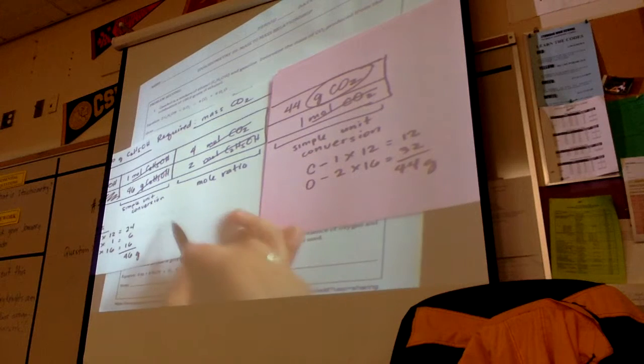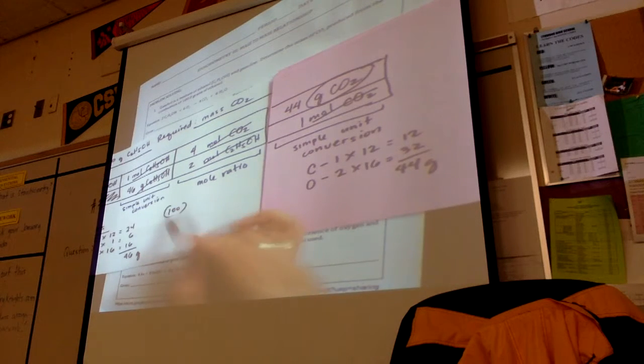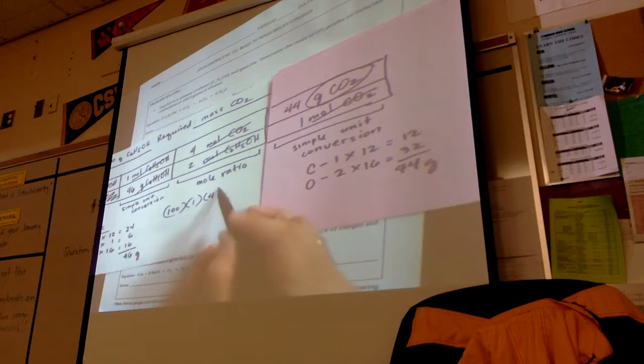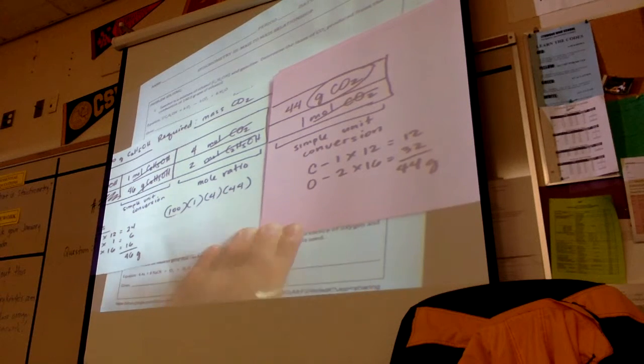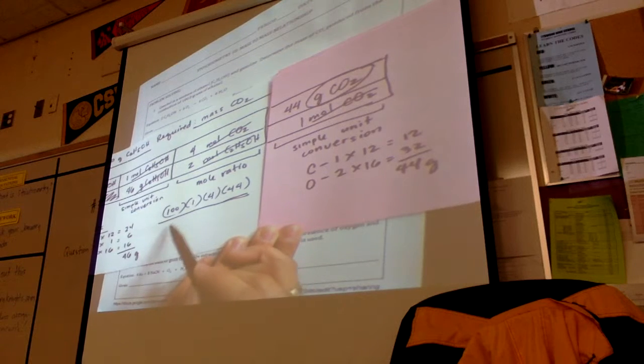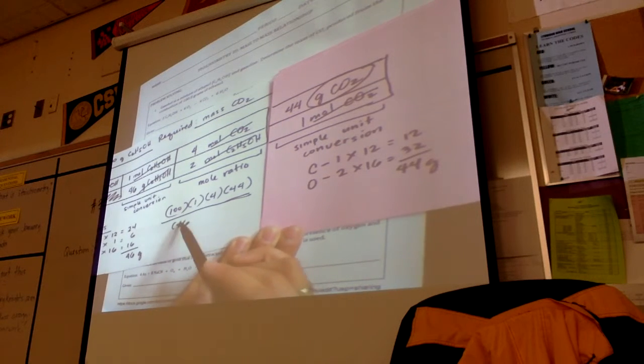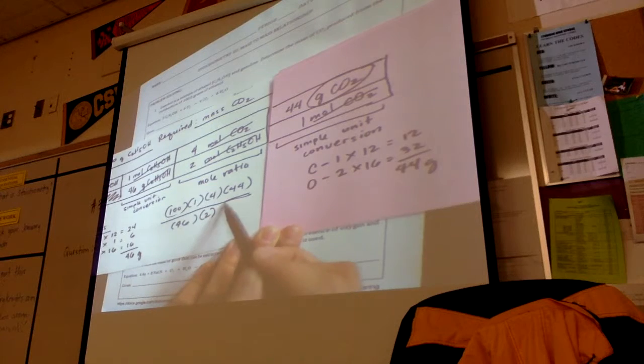We multiply. So 100 times 1 times 4 times 44. And at the bottom, what do we have? 46 times 2 times 1.